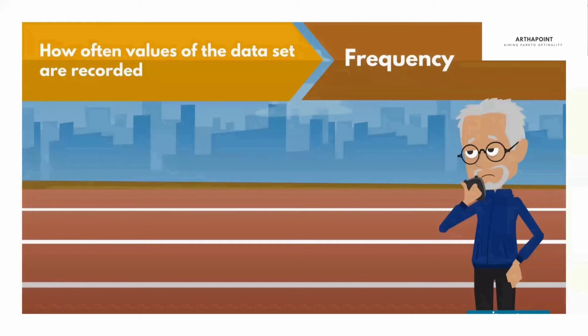He is practicing, he wants to compete, and every day he comes and I measure the time he takes to complete one lap. That is the frequency of the data set. How many times did I take his trial? How many times did I check? How many times did I record how much time he took? That is the frequency.